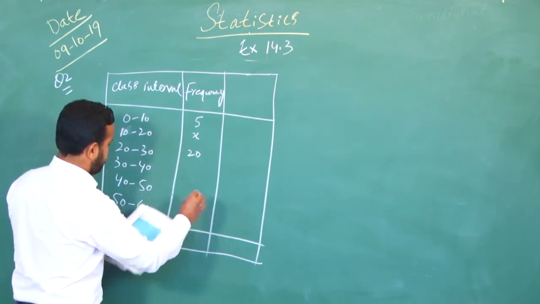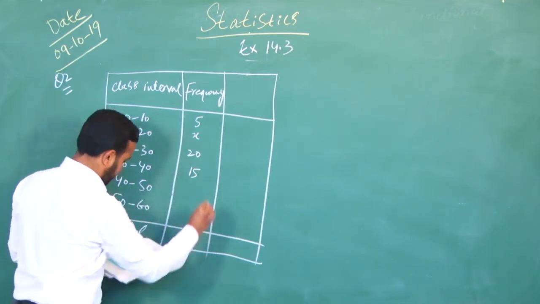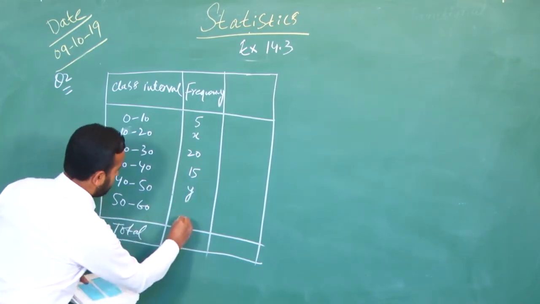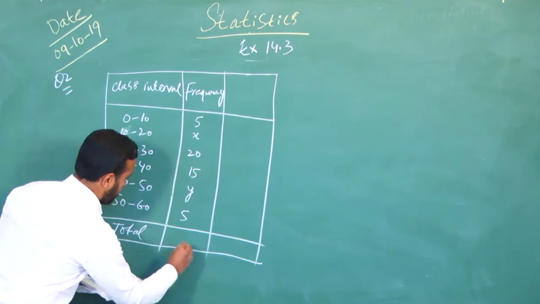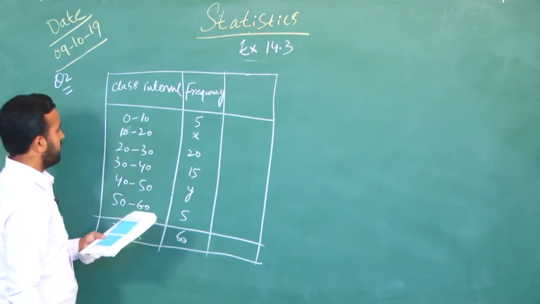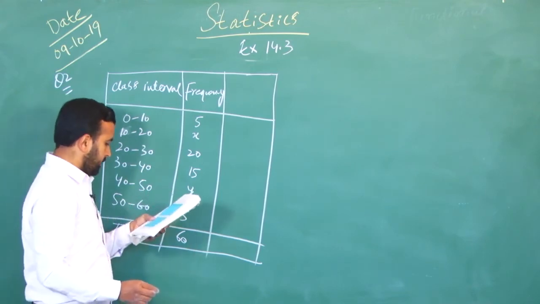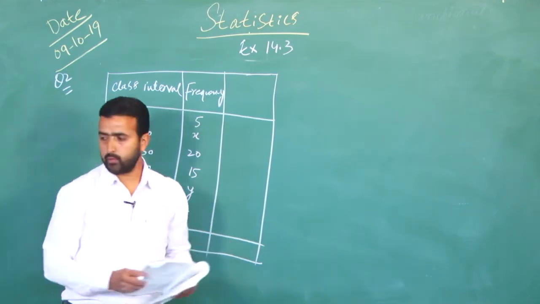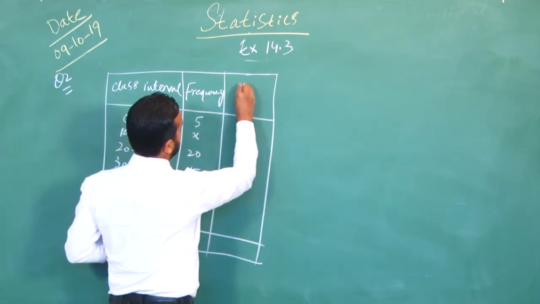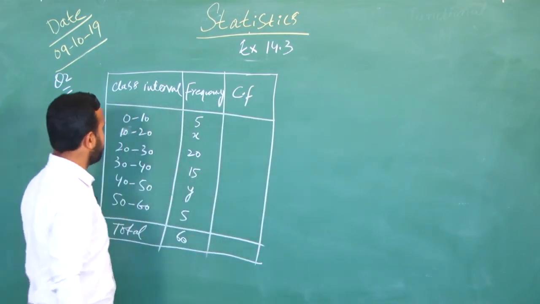Then we have 20, 15, then again an unknown, y, and 5. Then the sum total of the frequencies is given there. To calculate the median, the important column is the cumulative frequency. We write it as CF, which stands for cumulative frequency.